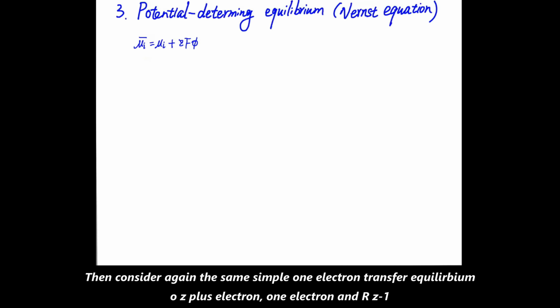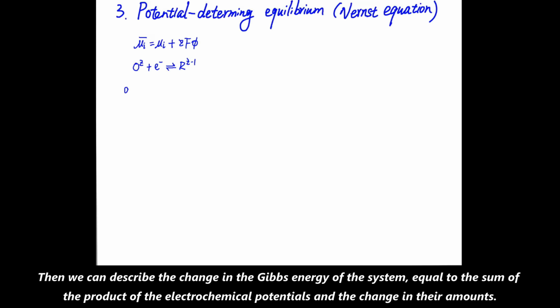Then consider again the same simple one-electron transfer equilibrium, O_z plus one electron, and R_(z-1). Then we can describe the change in the Gibbs energy of the system as the sum of the product of electrochemical potentials and the change in their amounts.